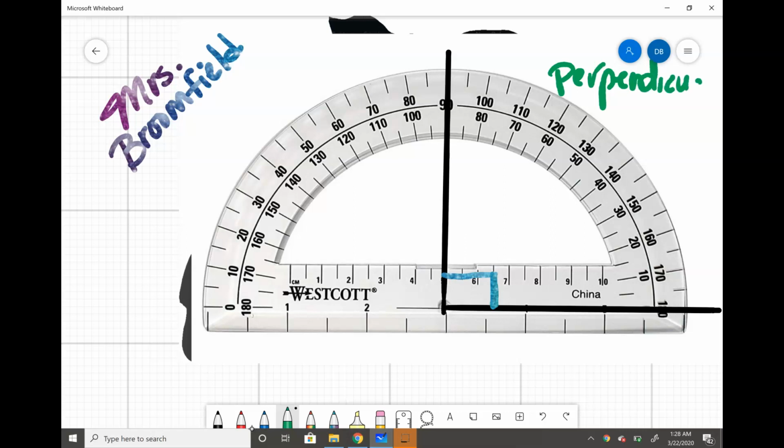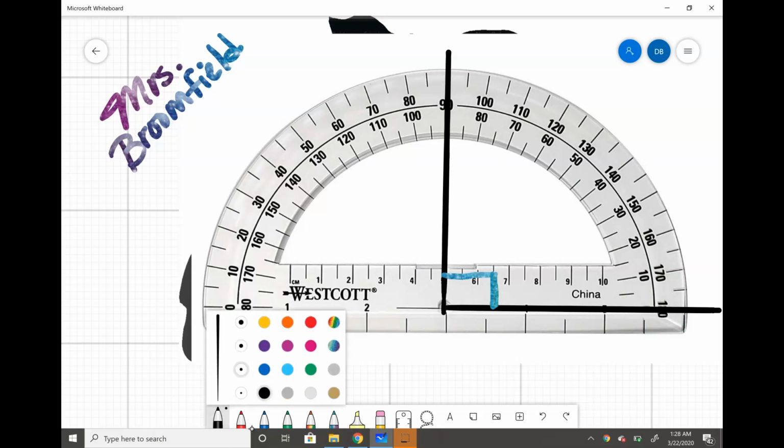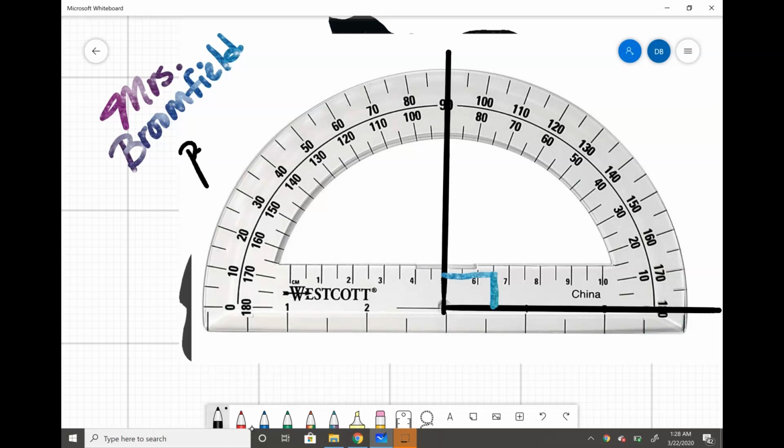Perpendicular. Let me write it again. Perpendicular lines. See if I can get a skinnier pen to write with. Perpendicular lines are lines that make a right angle. Okay, perpendicular lines make a right angle.